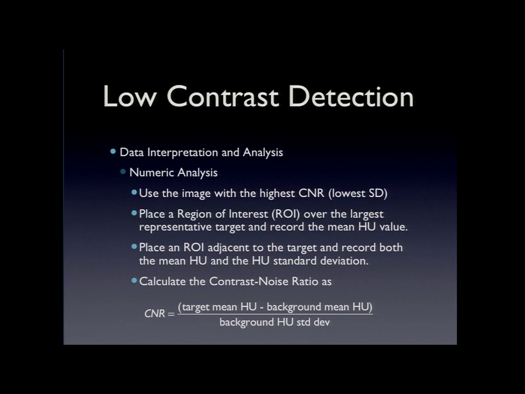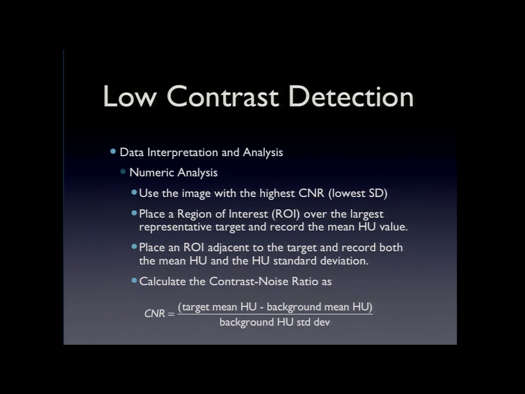Then there's a numeric CNR that's determined by placing an ROI on the largest object of that contrast, recording the target CT number, then obtaining an ROI outside in the background and getting the CT number for that, as well as the background noise or standard deviation.